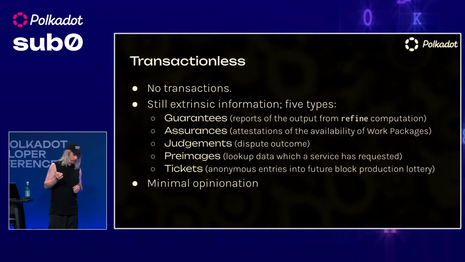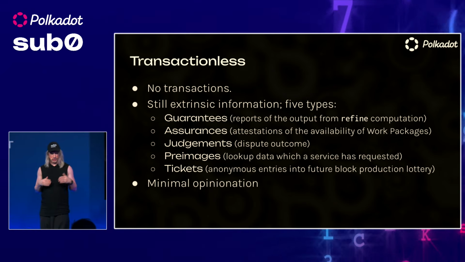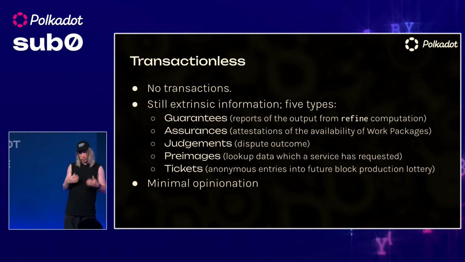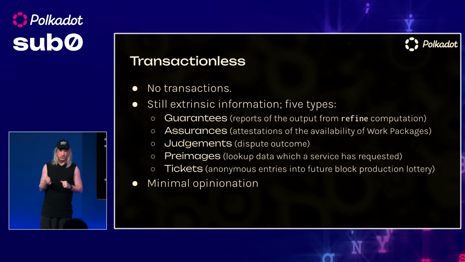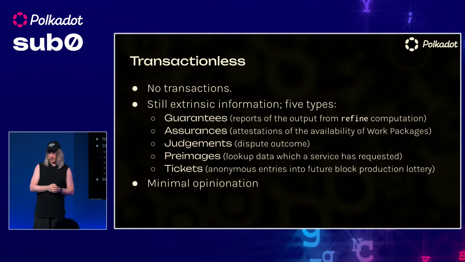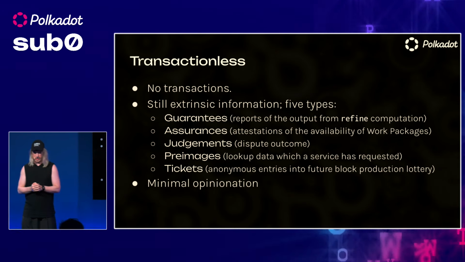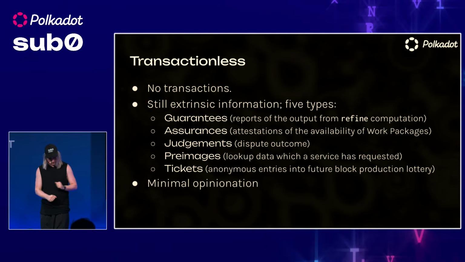Now, one of the things that Jam aims to bring is a reduction in the opinionation. Polkadot's quite heavily designed around one particular service profile, right? The delivery of parachains. This is what the original Polkadot paper had in it. It was like, parachains. Polkadot is a service for parachains.